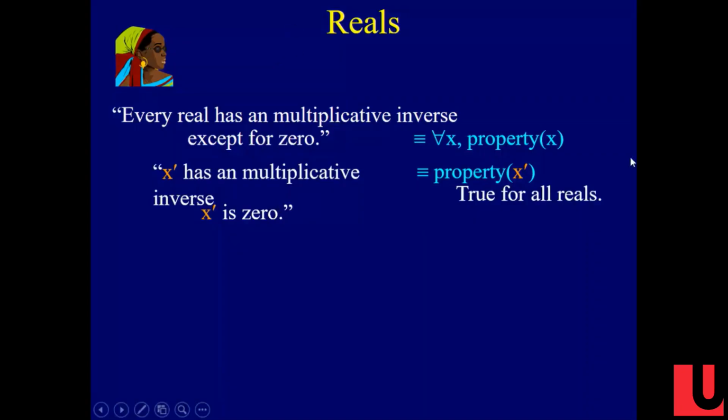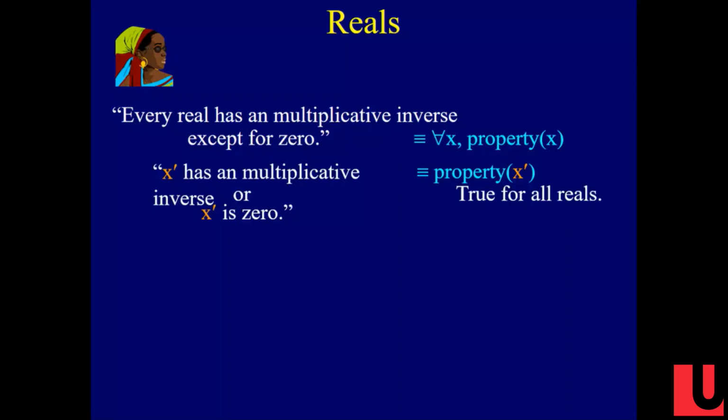Now, if I want something that's always true, do I put an and or an or between these? If I put an and, is it always true? Well, no, x is not always 0, right? But if I put an or between them, is it always true?